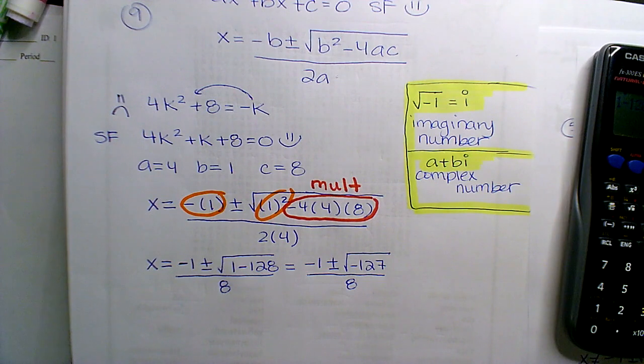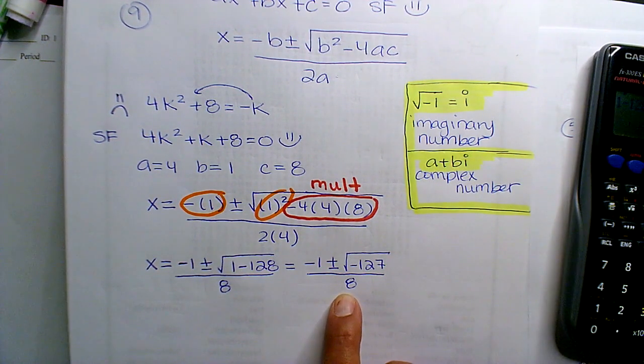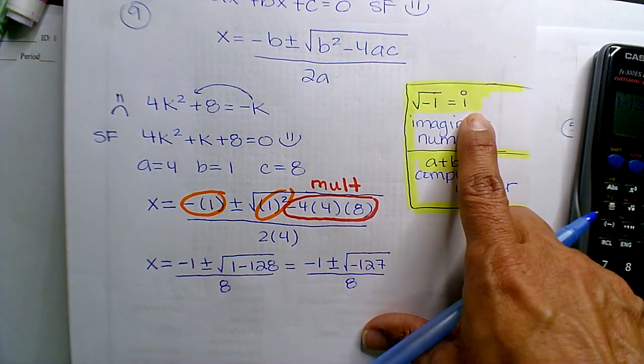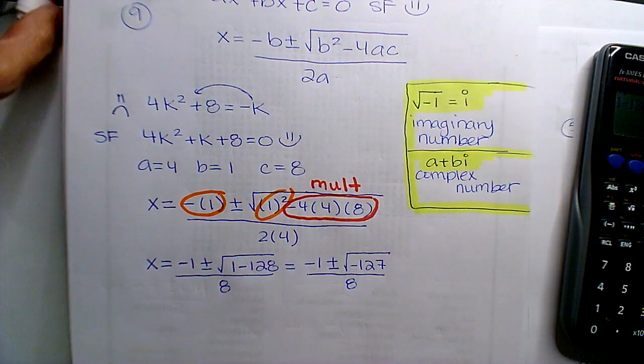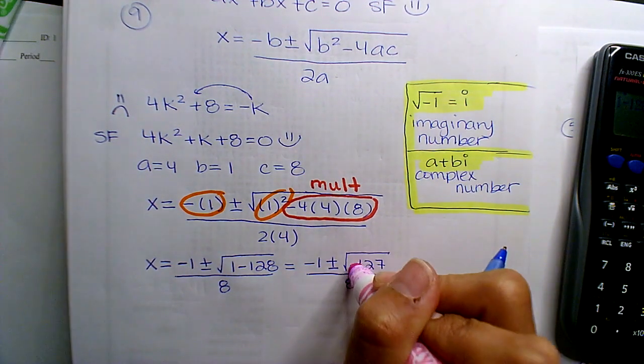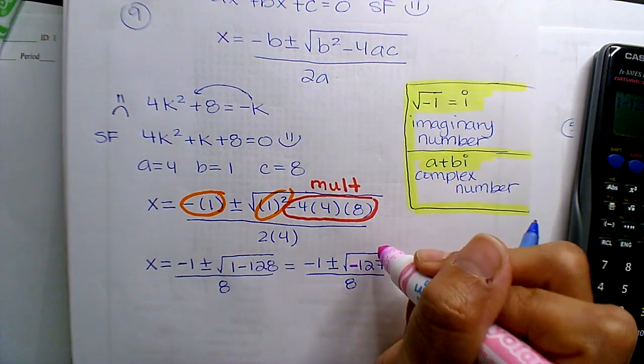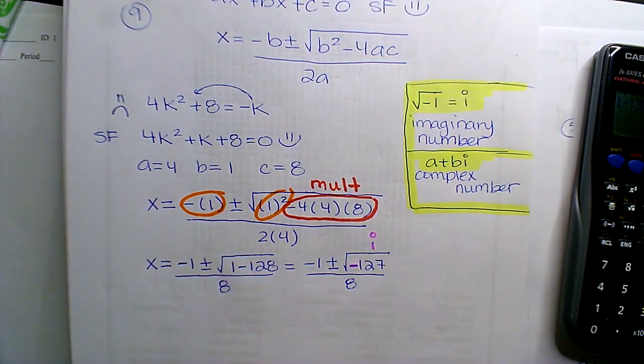Okay? So, this is awesome, by the way. If you can get to here, your math teacher's happy. However, we want to know that you know what an imaginary is, which is that little i. So that little i means that you recognize that it's an imaginary root because there's a negative in here. This negative. And so that's going to become your little i.